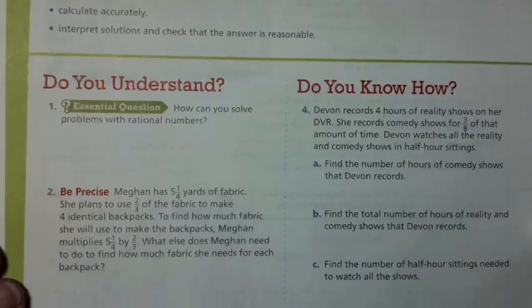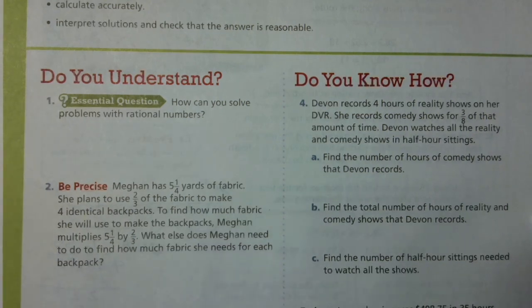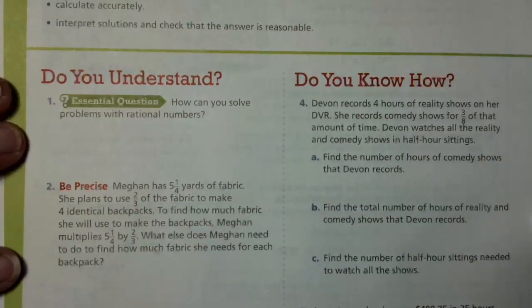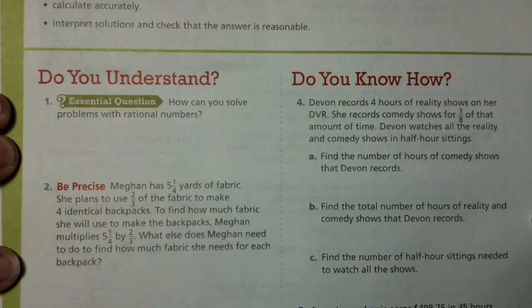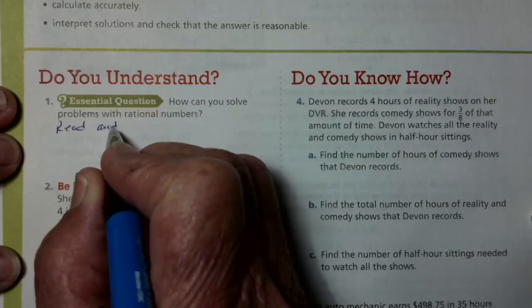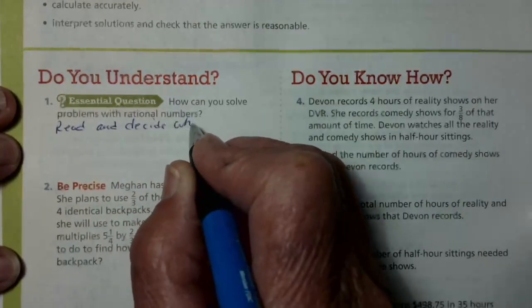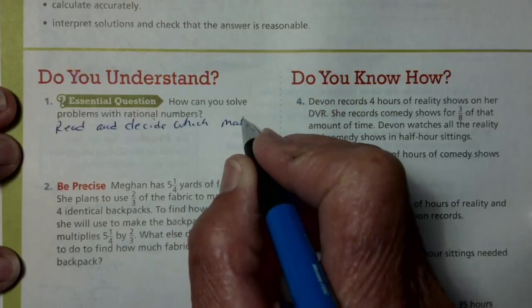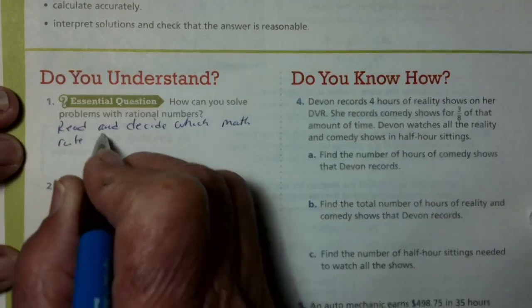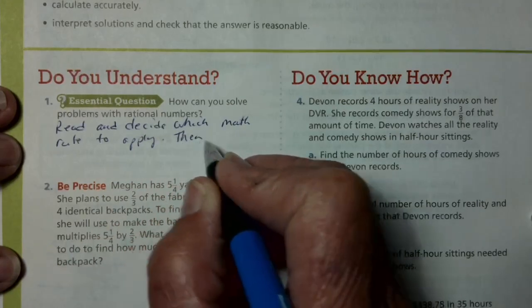Number 1, how can you solve problems with rational numbers? Okay, so we're going to read first and decide which math rule to apply. Then calculate.